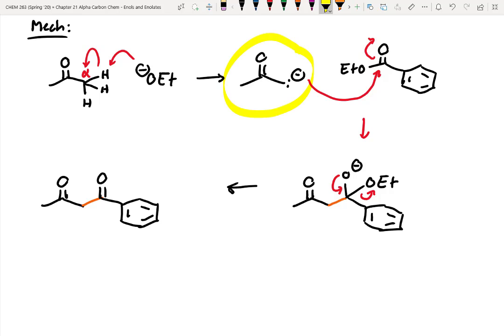The key feature is you're reacting it with an ester as an electrophile, because if you have an ester with an electrophile, you can kick off this leaving group and get some sort of carbonyl formed, which is kind of unique. All right, so let's try a challenging one.